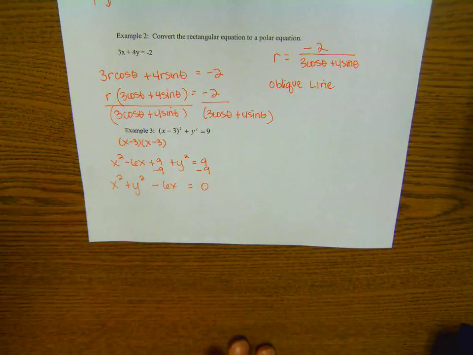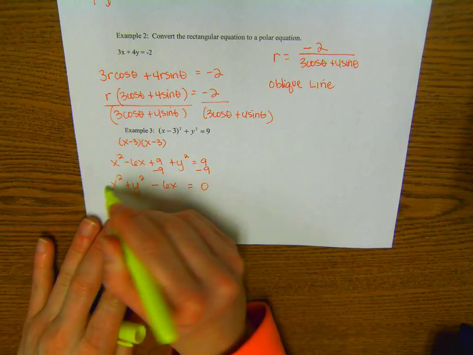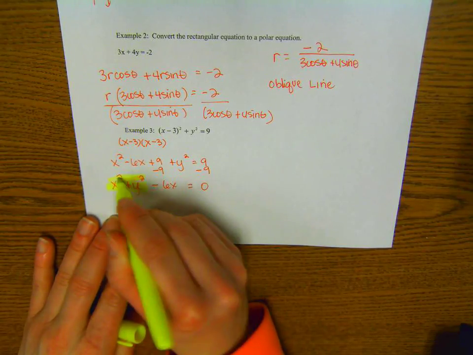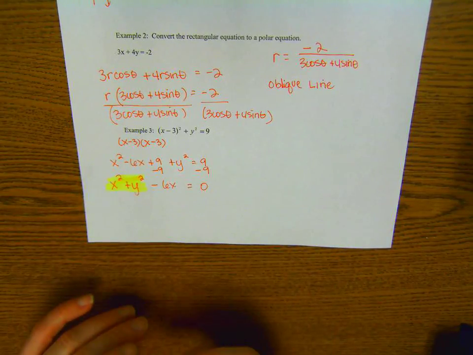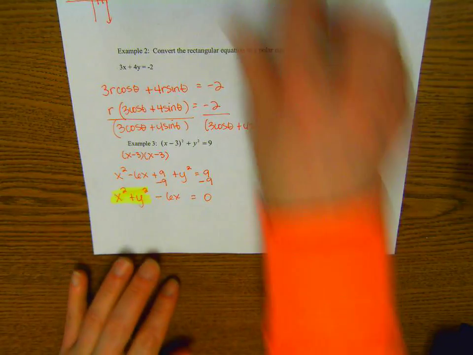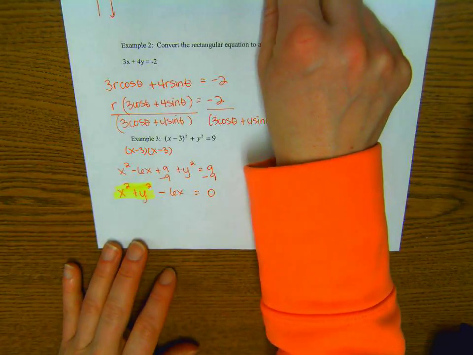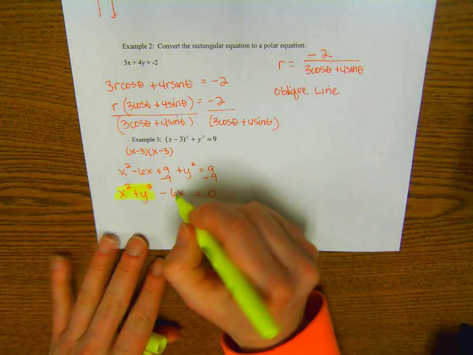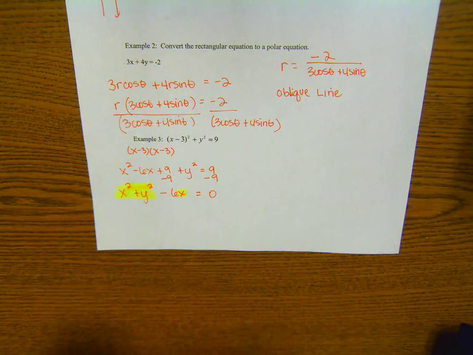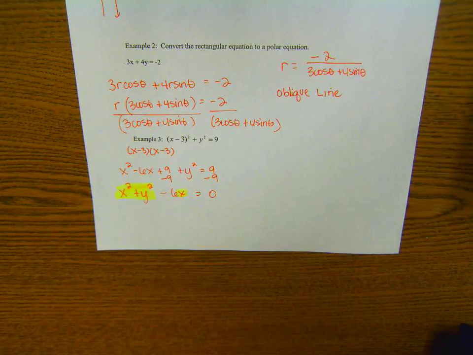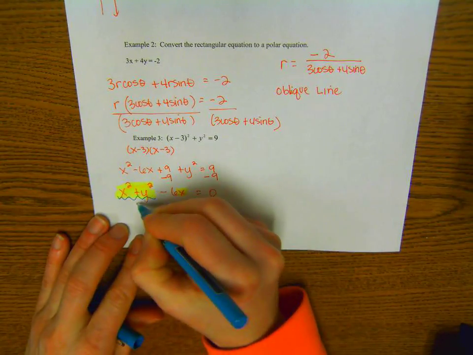Okay. So we have two things going on here. I have this x squared plus y squared, which I put together because x squared plus y squared I can swap out for an r squared. And then I have this x. So what I'm going to do next is take out the x squared plus y squared and replace it with an r squared.